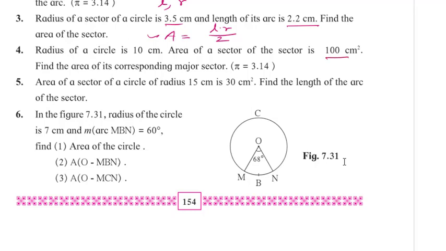So if I write AM as area of major sector, this is area of circle minus area of minor sector. So if this is your circle and this is your minor sector, to get this major sector, we subtract this area of minor sector from area of this complete circle.